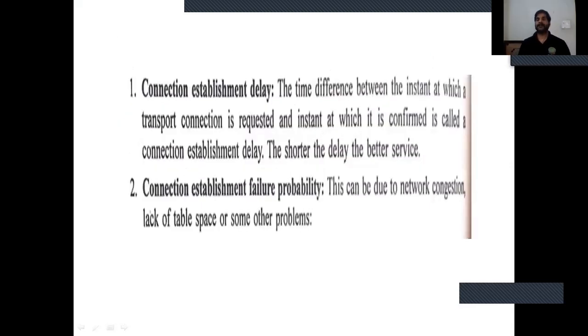Connection establishment delay: if the connection establishment delay is minimum, the quality of service is enhanced. Connection establishment failure probability: if network connection establishment failure is minimum, the network performance or quality of service is better. This can be due to network conditions like cable problems or some other problem.